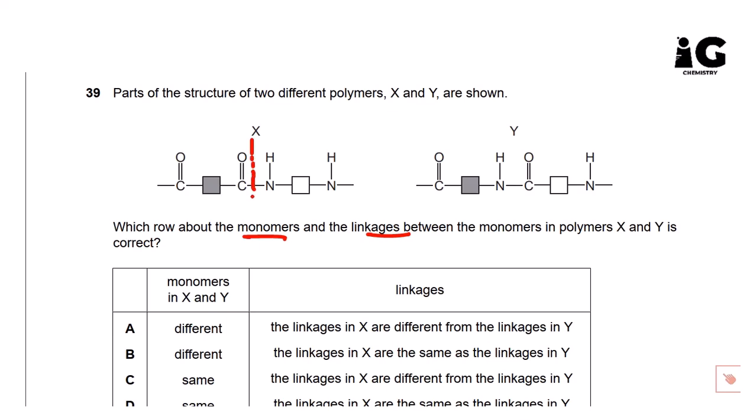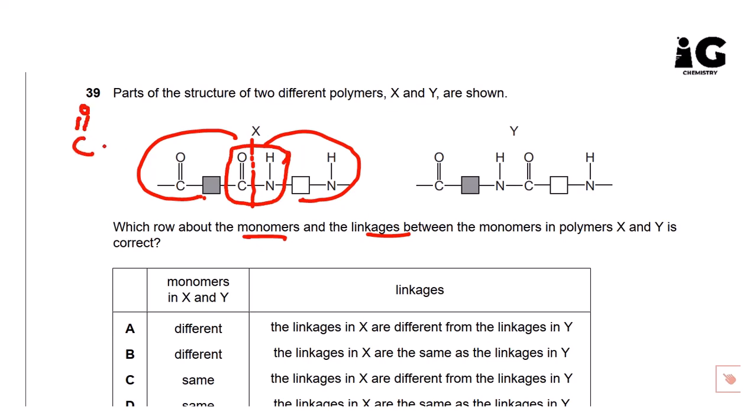So this is the first monomer in X, and here is the second monomer. And you see, guys, here we have the link. So the link here is C double O, and then we have NH. So actually, guys, you remember this is called the amide link. Okay, so this is the amide link between them, and we have two different monomers.